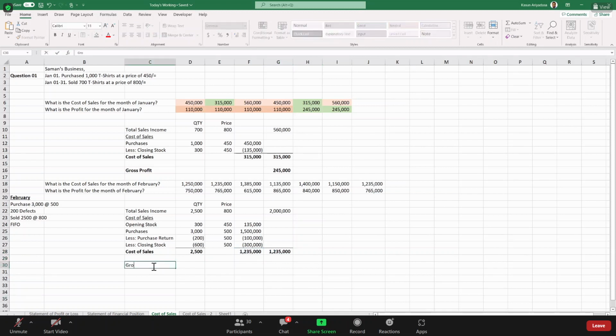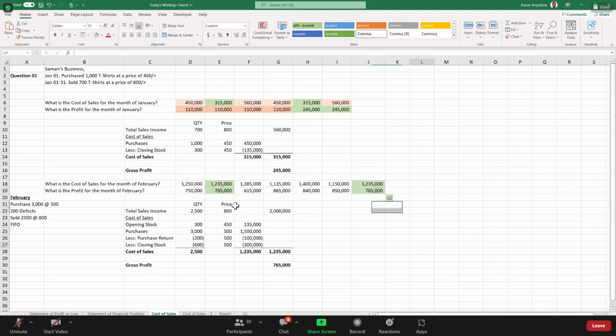And gross profit, then it's straightforward, 765,000. So this is correct. This is correct.